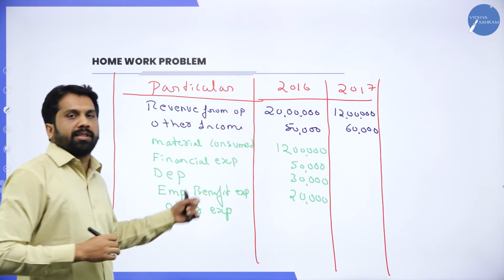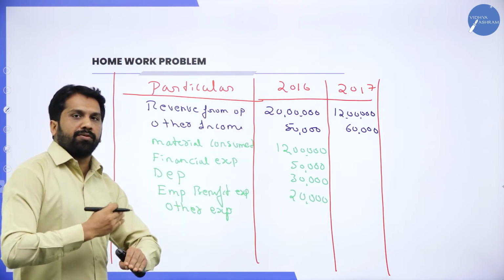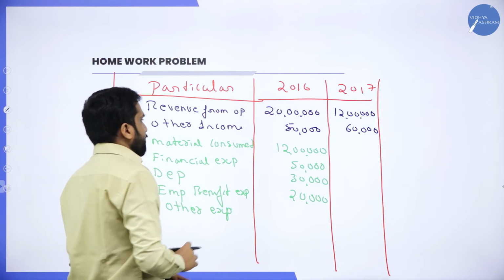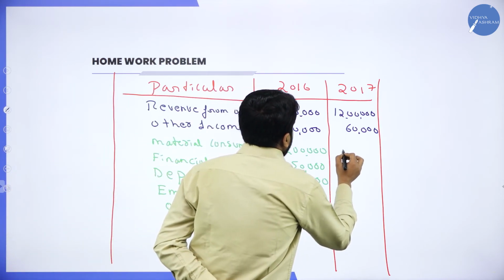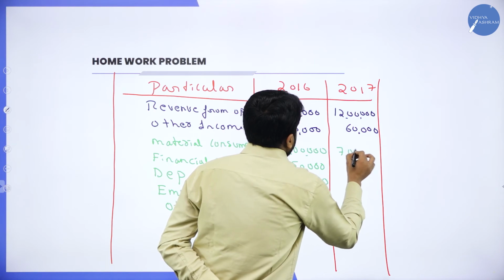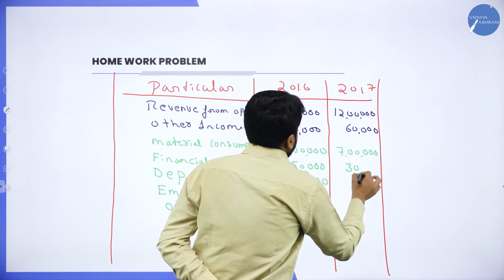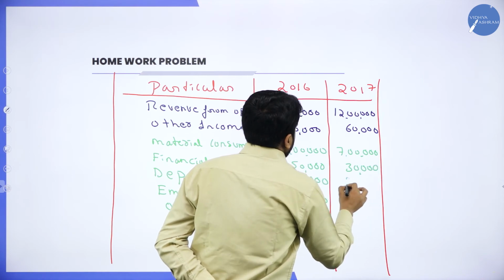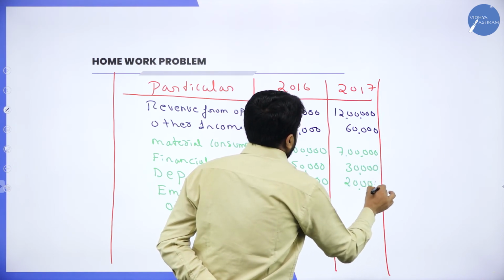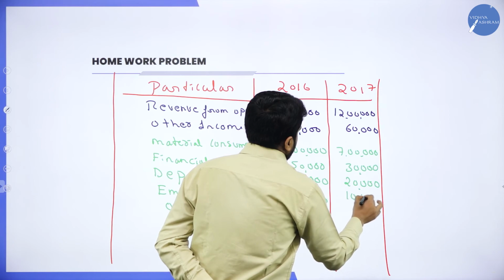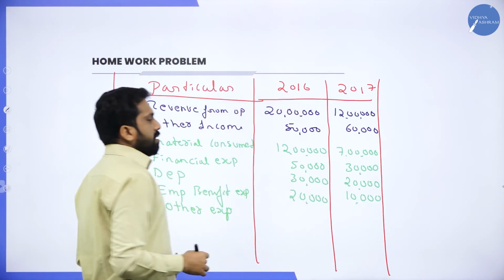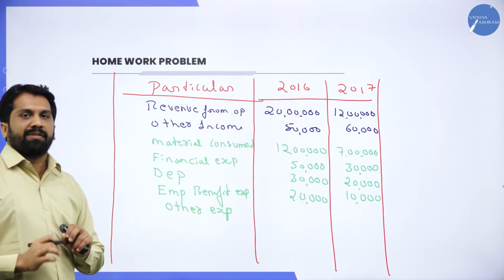This is for 2016. We'll do it for 2017. This will be 7 lakh, 30,000, 20,000, 10,000. These are your stage 2 expenses.